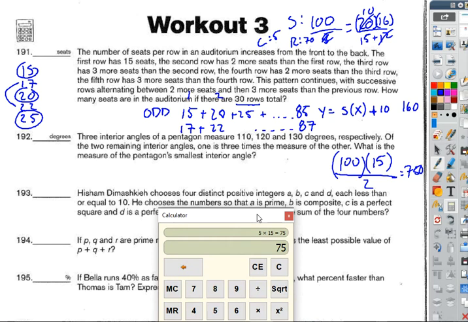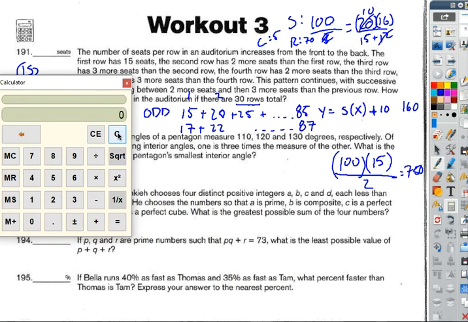So 17 plus 87 is 104. So the sum is 104. The range, so we know we have 15 numbers, right?